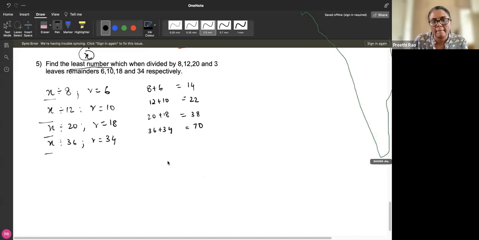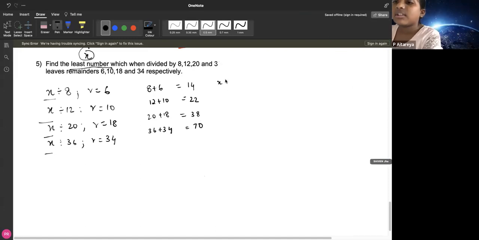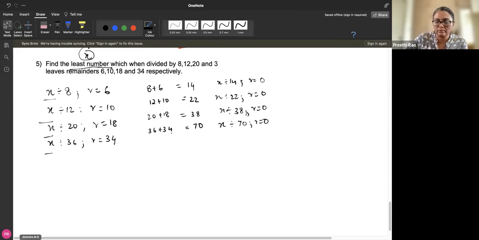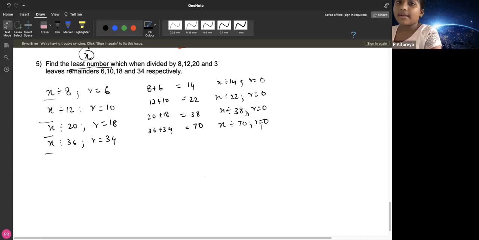As we want the least X, X divided by 14, remainder is 0. X divided by 22, remainder is 0. X divided by 38, remainder is 0. X divided by 70, remainder is 0. As we want the least number, we have to find the LCM of these 4 numbers.